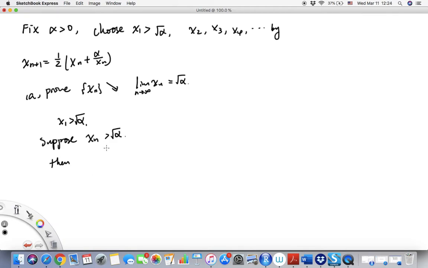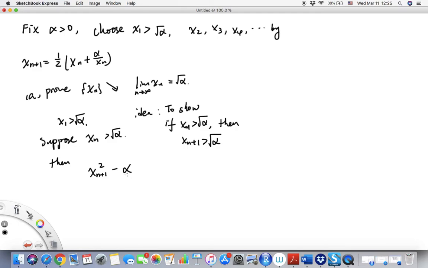The idea is to show if xn is greater than square root alpha, then xn plus 1 is also greater than square root alpha. So how do we show this? We compare xn plus 1 squared and alpha. So we take their difference and we want to show the difference is positive.